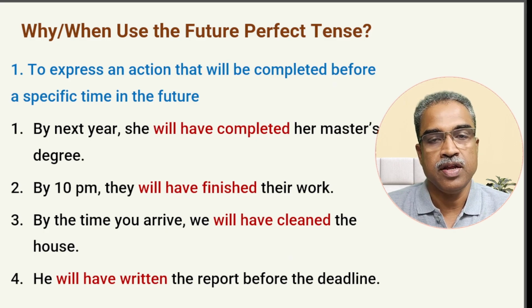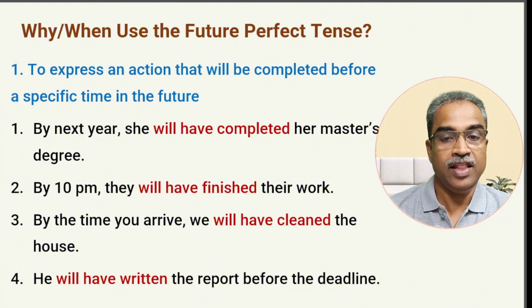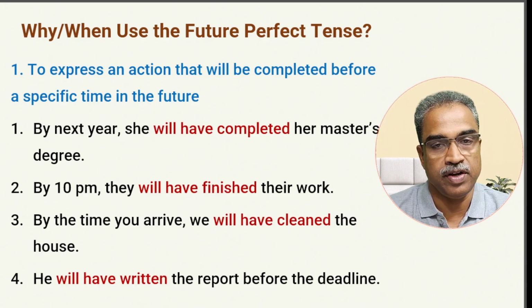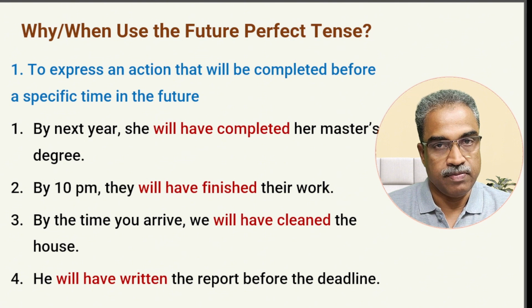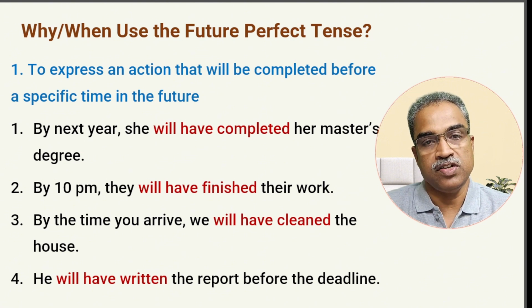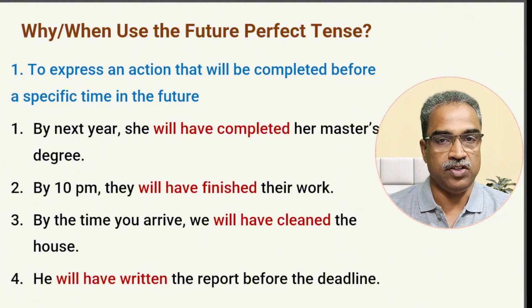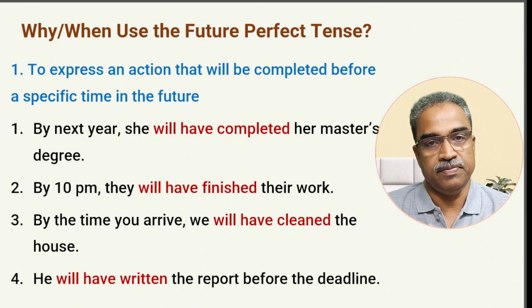For example, by next year, that is a future date, she will have completed a master's degree. Perhaps she is already doing a master's degree currently, and she will have completed. The completion will take place by next year.